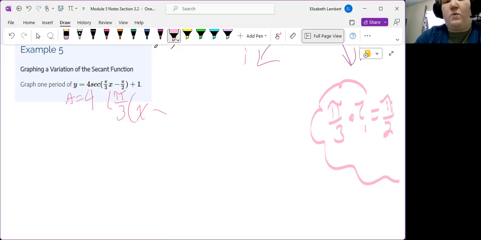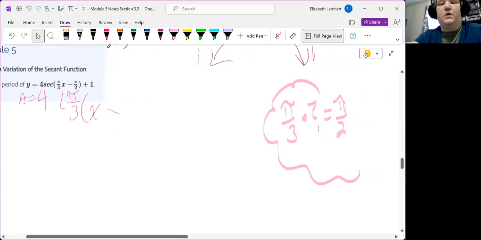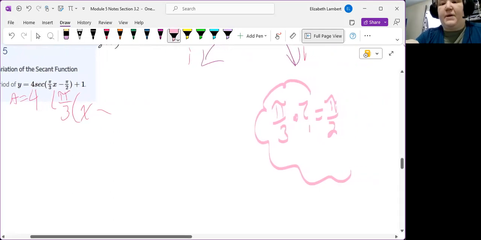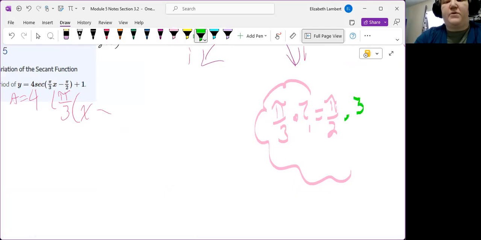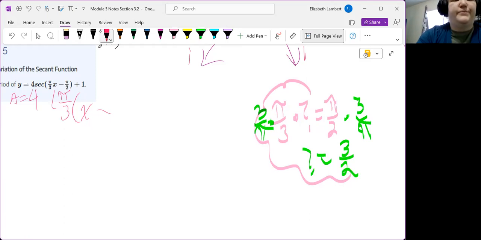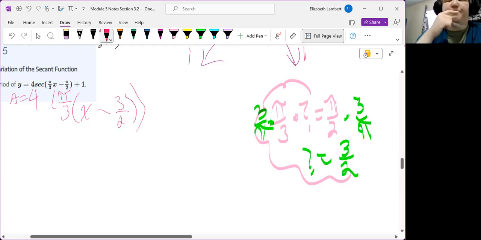In order to figure out what that is, we are going to divide by pi over 3, which means we really multiply by 3 over pi. Because if I do that on both sides, then I can clearly see the 3's cancel, the pi's cancel. So my unknown thingy is 3/2. So that is what would go inside the parentheses here.